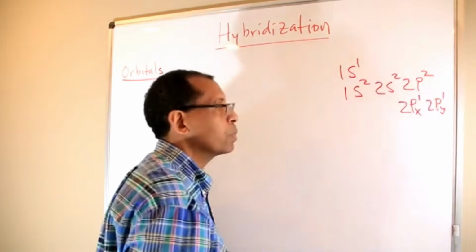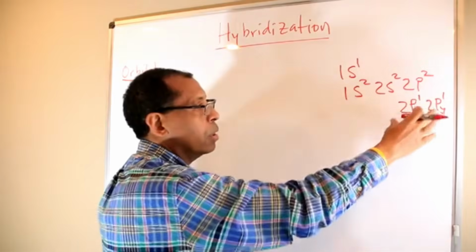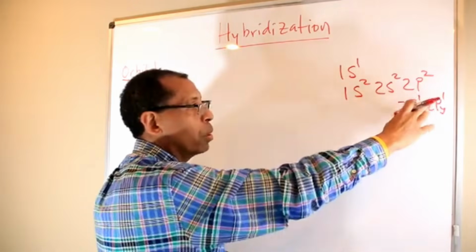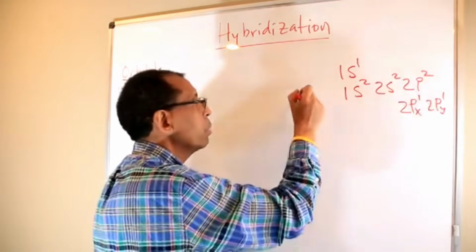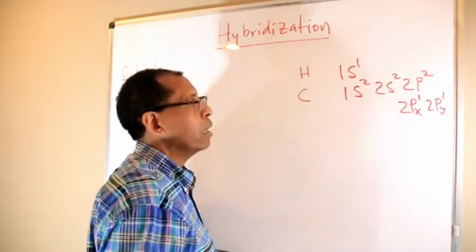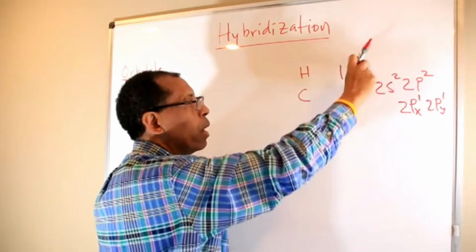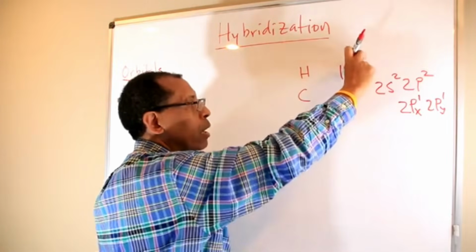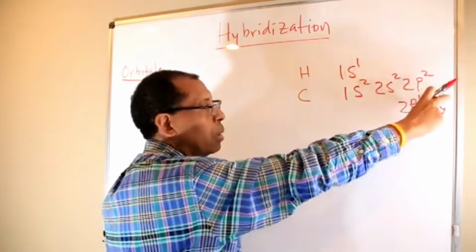So the unpaired electrons on carbon can only take, maybe, 1 electron each to pair up.